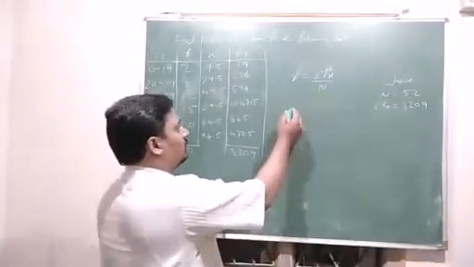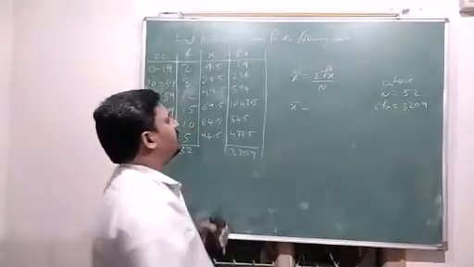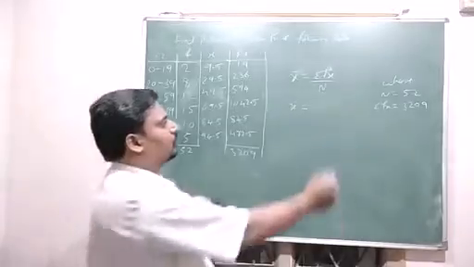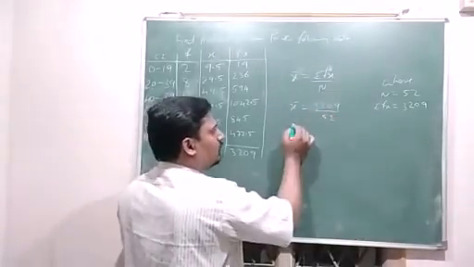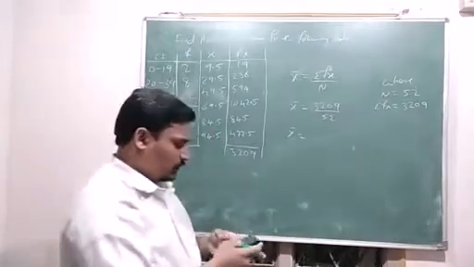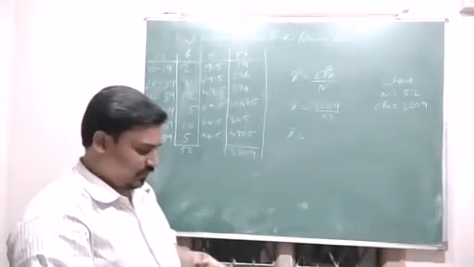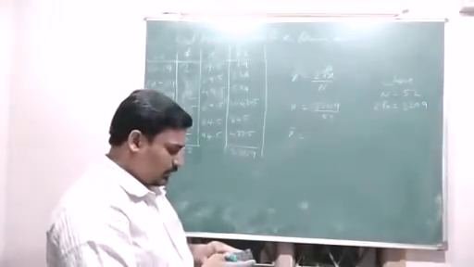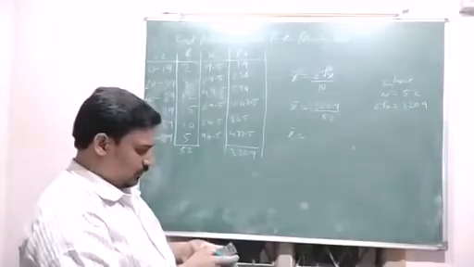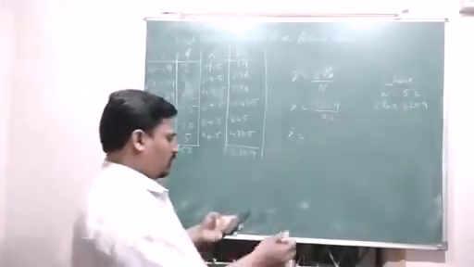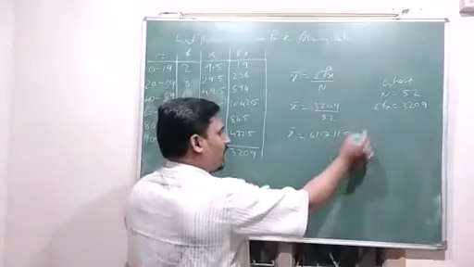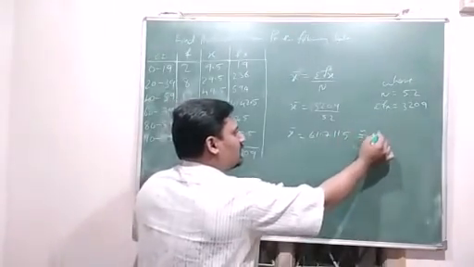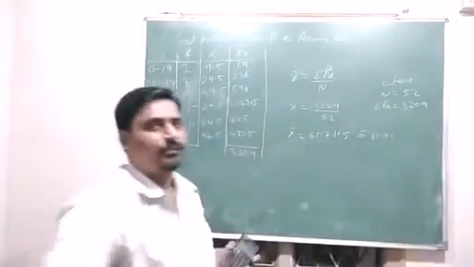So x bar is equal to 3209 divided by 52. We get 61.7115, approximately equal to 61.71.